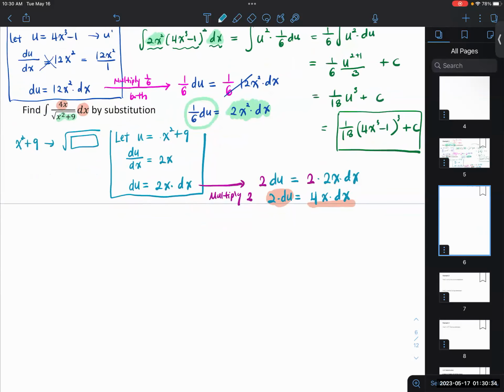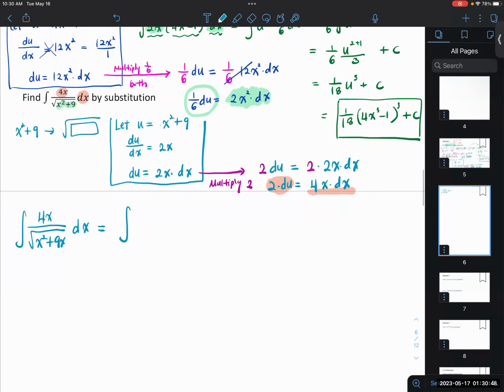So therefore, we have 4x over the radical of x² + 9 dx. All the information, we're going to convert in terms of the u variable. So integral of 1 over radical u, and then 4x times dx, we found out, is 2 du.